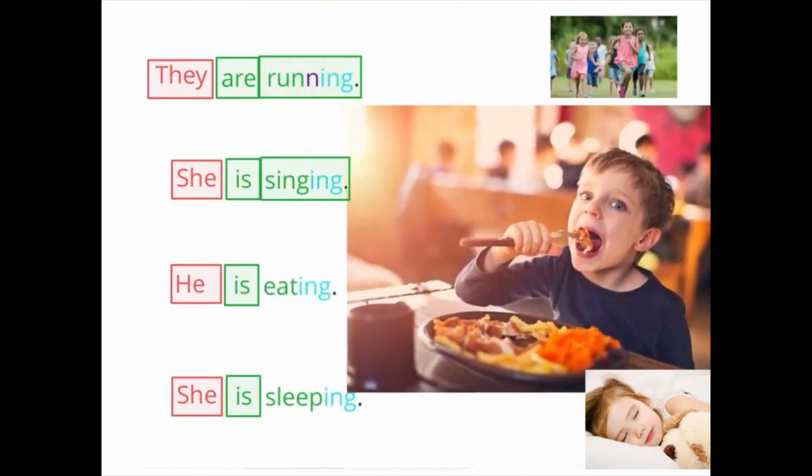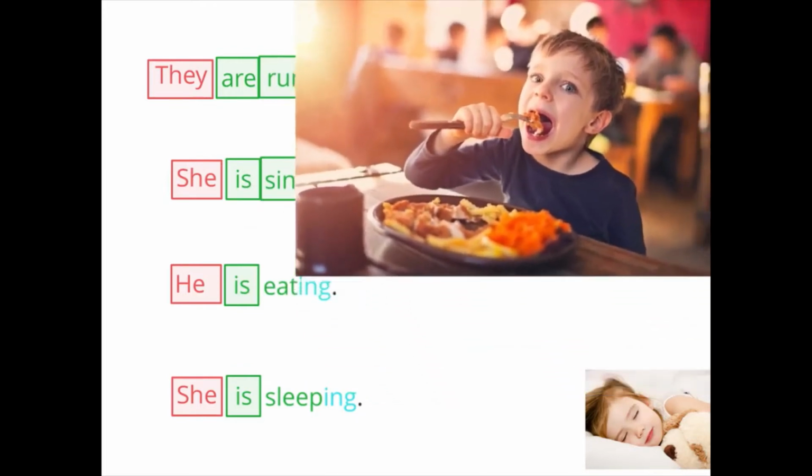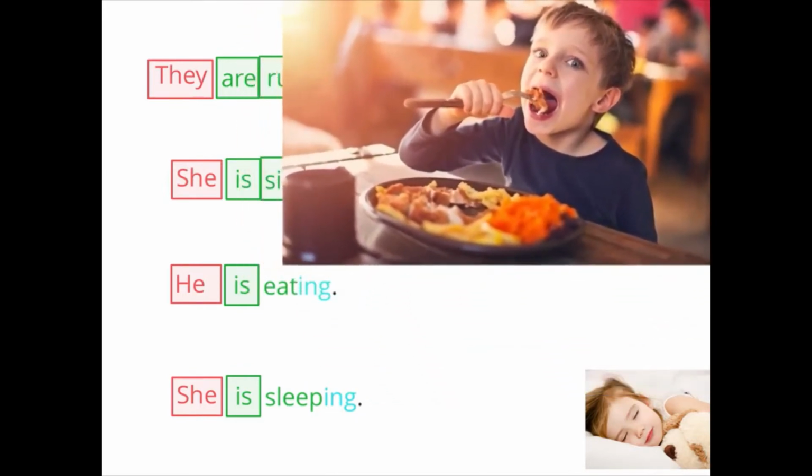Eat. This boy is eating. He is eating. Our verb is eat. Then we add ing. And eating is part of the verb, is eating. He is eating. Remember, with this type of sentence, there's a two-part verb. He is eating.